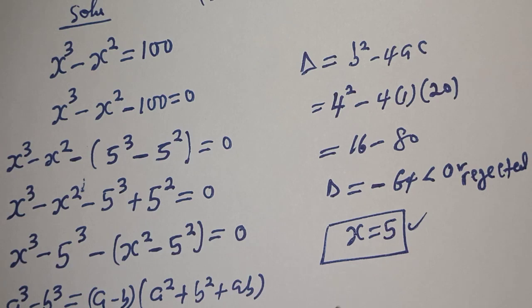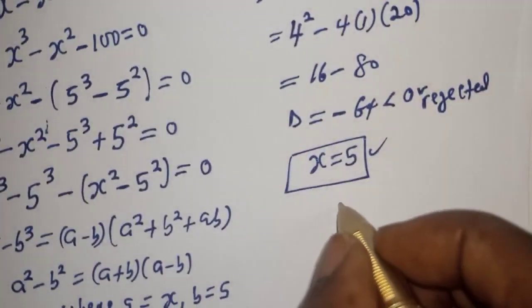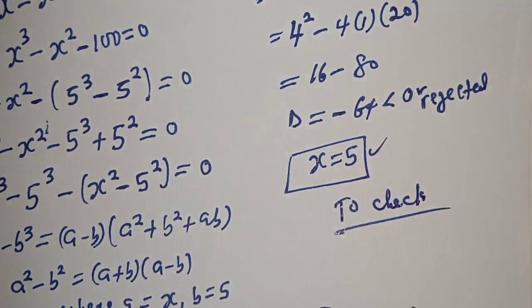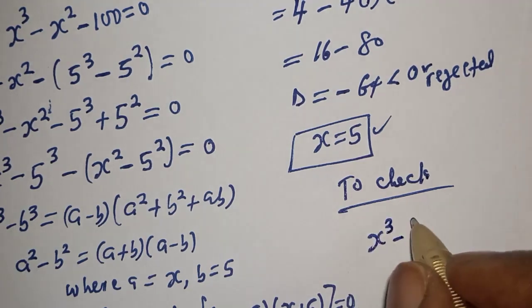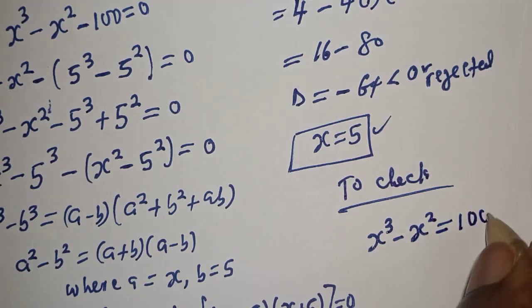We can check to confirm if our answer is right or wrong. Let's check. To check, we have the given equation s raised to power 3 minus s squared must be equal to 100.